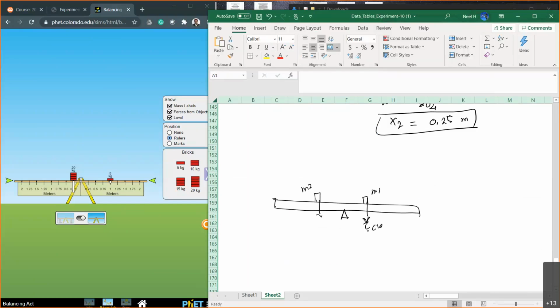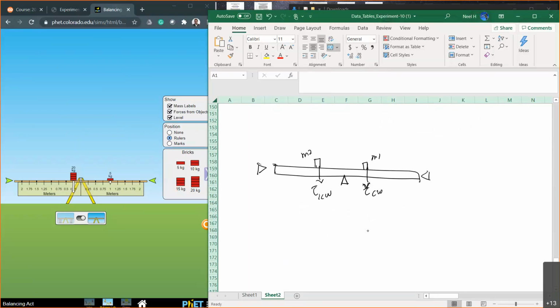This will create counterclockwise torque. If these two are equal, the object should be at level. If these two are not equal, the object will rotate, right? I can find what is the torque counterclockwise. I can find what is the torque clockwise. Then I can take a look at those numbers. If those two are not equal, then we know the object will rotate.